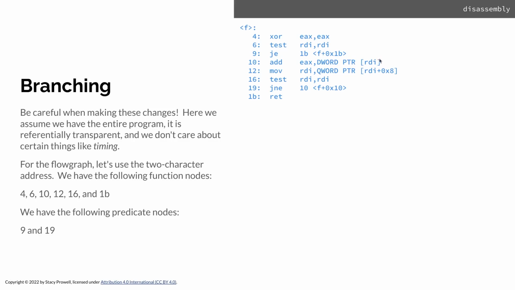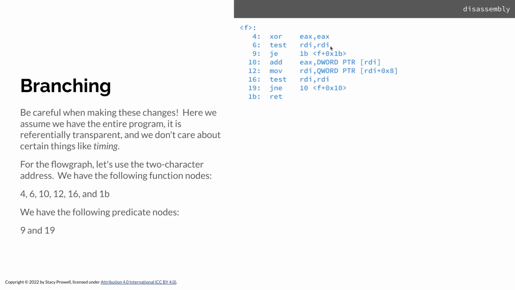And I want to know what this value is. Well, it could be the value of RDI that comes from up here, right? Because I come here, I flow through this branch and wind up here. And so this value of RDI down here at address 10 might be the value of RDI originating up here at address 6.